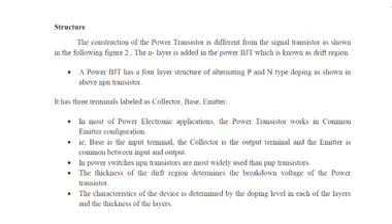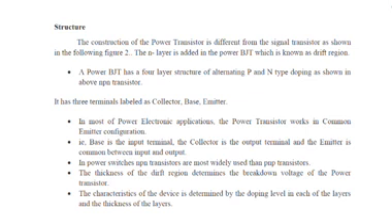In most power electronic applications, this power transistor works in the common emitter configuration. That is, the base is the input terminal, the collector is the output terminal and the emitter is common between the input and the output. In power switches, NPN transistors are more widely used than PNP transistors, and the thickness of the drift region determines the breakdown voltage of the power transistor.